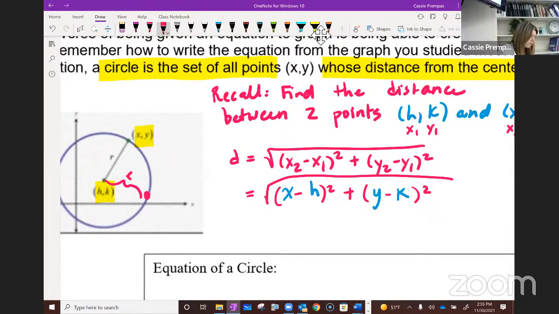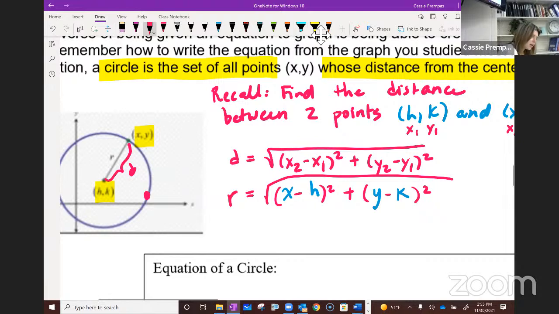What did you actually find in terms of the circle if you found the distance between those 2 points? R, you found the radius. Now, if you square both sides of the equation, this is actually the equation for a circle.